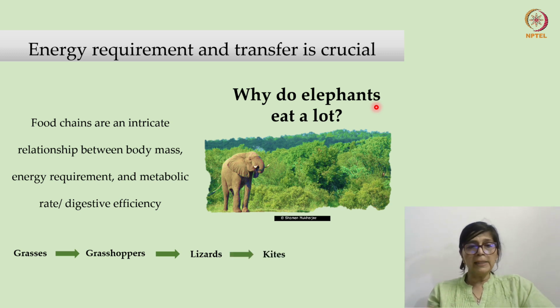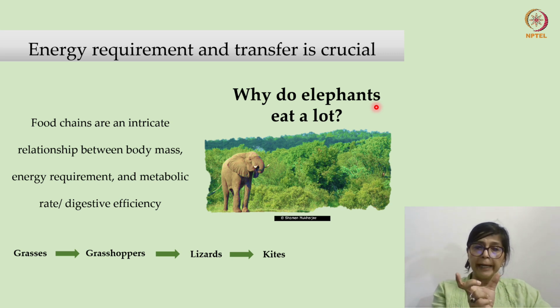So by this what I mean is that the length of this food chain will depend on the energetic efficiency and requirement, digestive efficiency and the energy requirement of these organisms. Okay, so who eats what and how big these food chains or how vast these food webs are will depend on that.